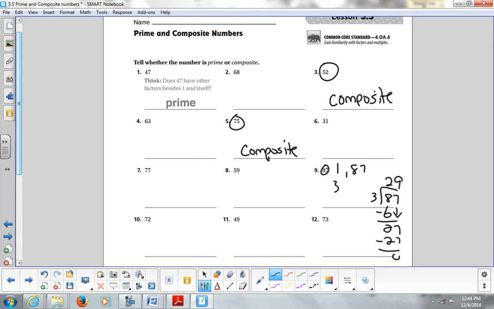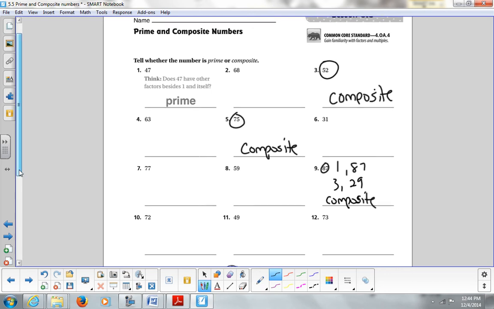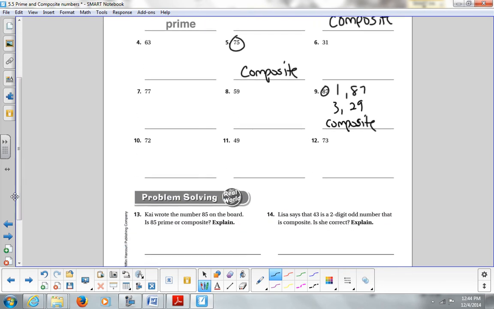Okay, so 3 times 29. I don't have to list all of them out because if it's got more than 2 factors, it is composite. Some of these you will actually have to work the factors out in order to find out if they're prime or composite. Okay, I'll leave the rest of them for you.